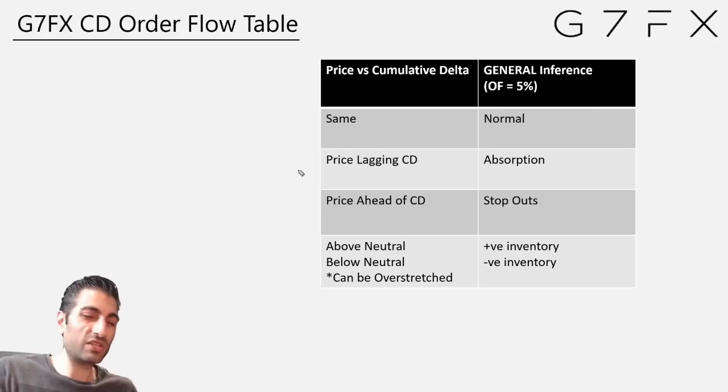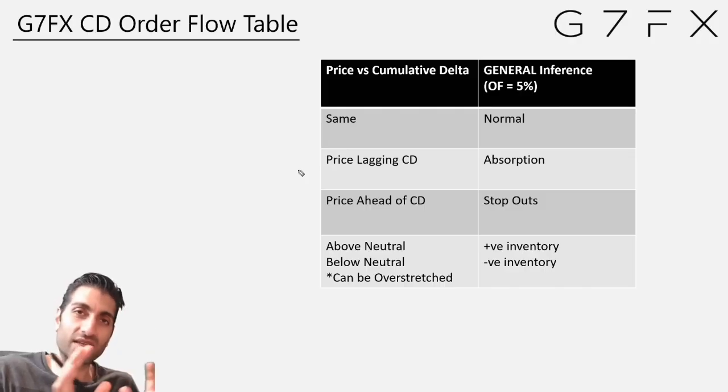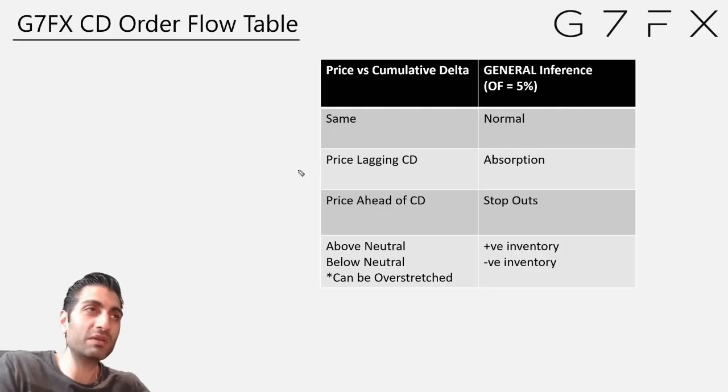Initially I thought about higher highs in price and higher lows in delta, and that's the way I see it described sometimes: bearish divergence in cumulative delta. It's just way overcomplicated. As I said, keep it basic, all right? As long as you give it wiggle room and understand it at a simple level, believe me, that's enough. So what do I mean by that?